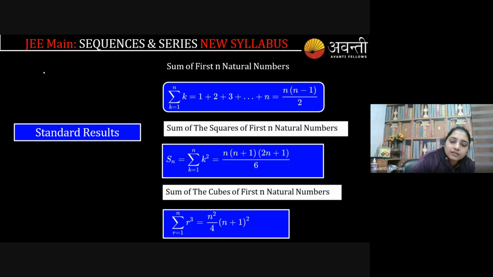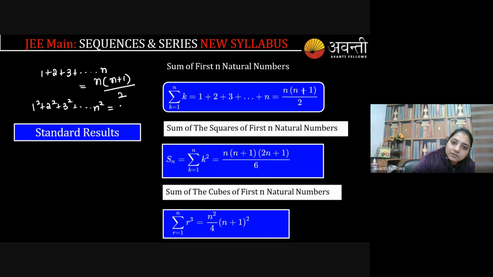If you have 1 plus 2 plus 3 and so on up to n terms, then their sum must be equal to n into n plus 1 divided by 2. Clear? Then if you have 1 square plus 2 square plus 3 square up to n square, then it must be equal to n into n plus 1 into 2n plus 1 divided by 6.